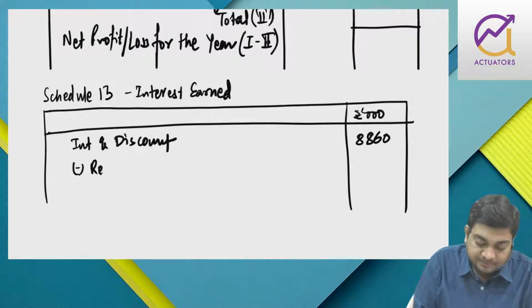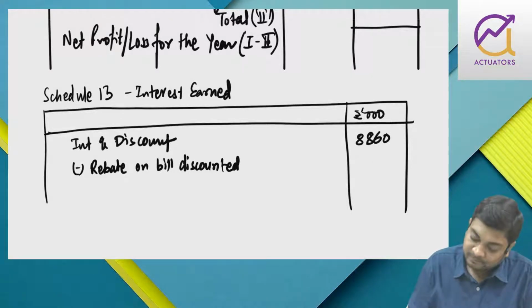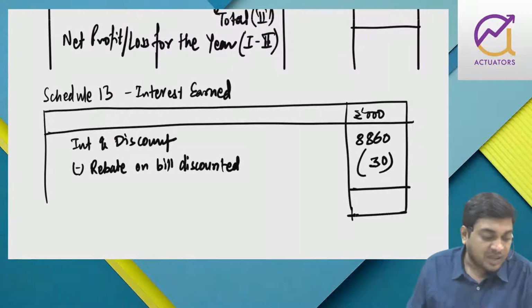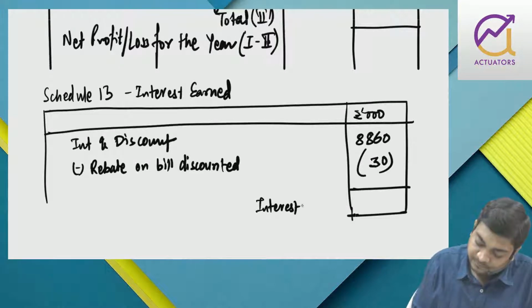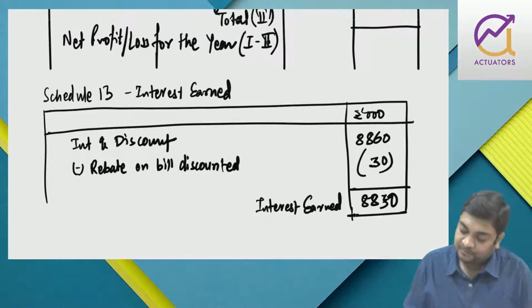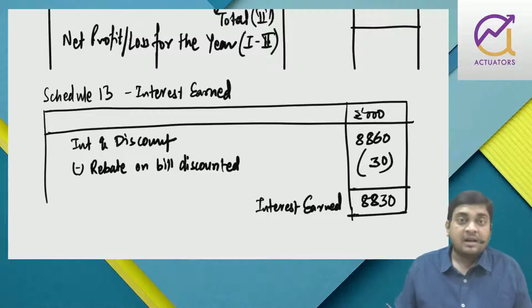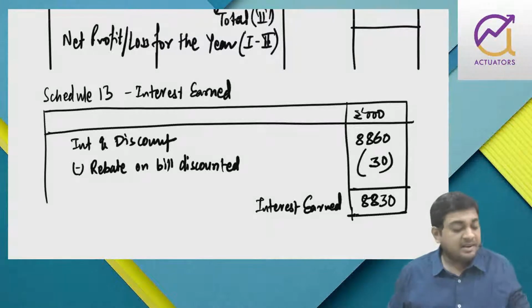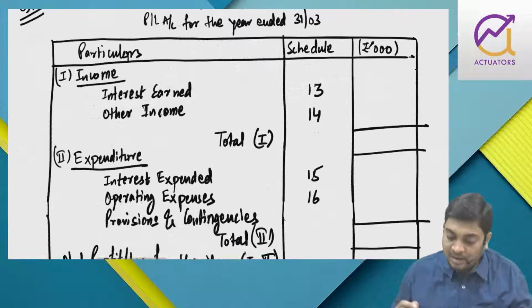So this is closing rebate. That's it. So we have interest earned 8830. Is that fine? Simple, interest and discount is given and less rebate. I'll get the net income. So I'll put it here.